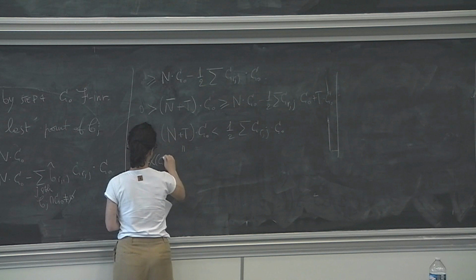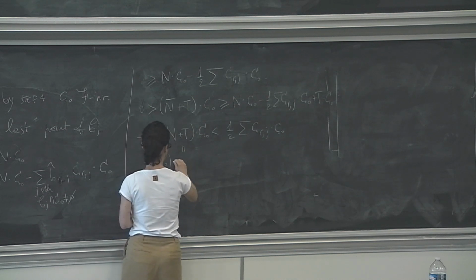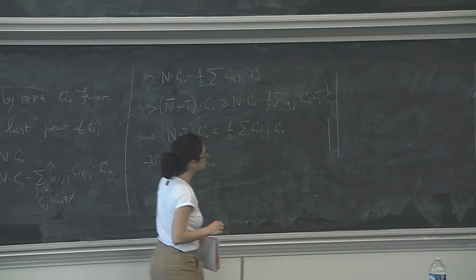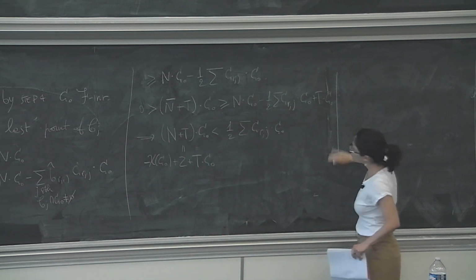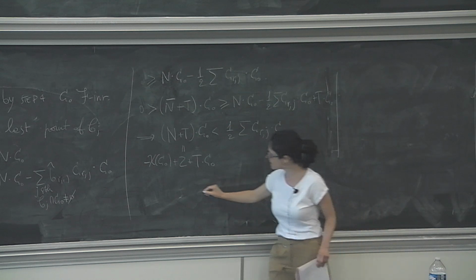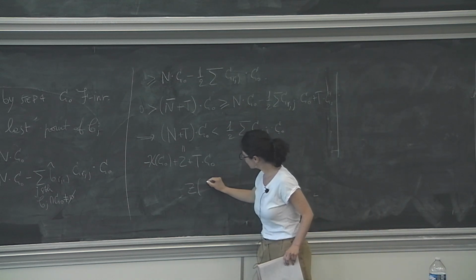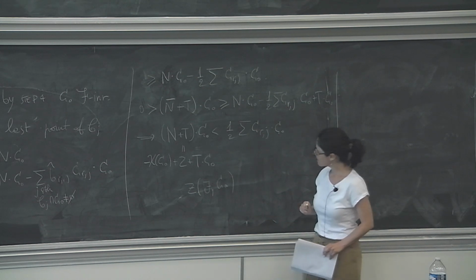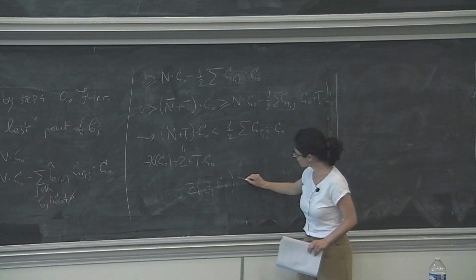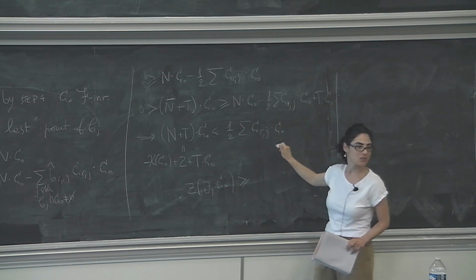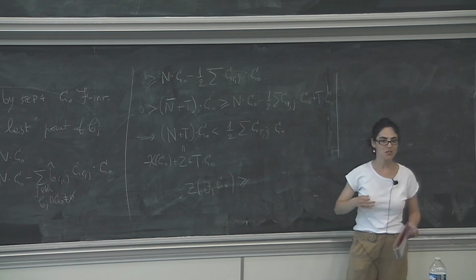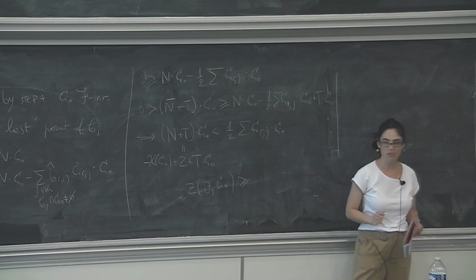And this is minus chi plus Z plus T times C0. And so the important remark here is that Z is at least all those intersections, because all of those curves are F invariant. So wherever they meet, there is a singular point.